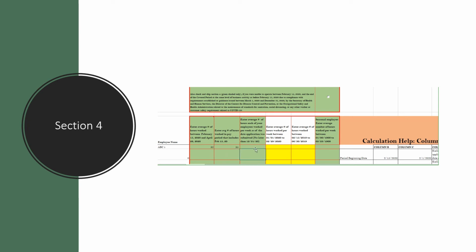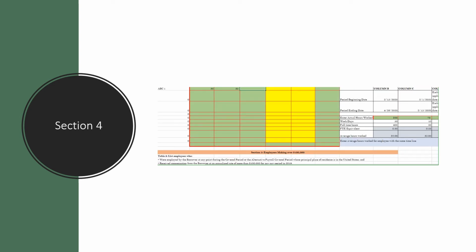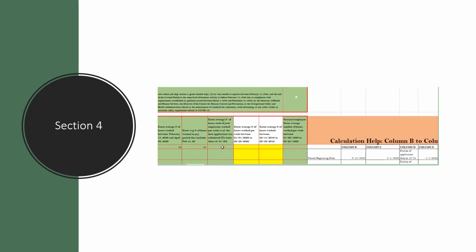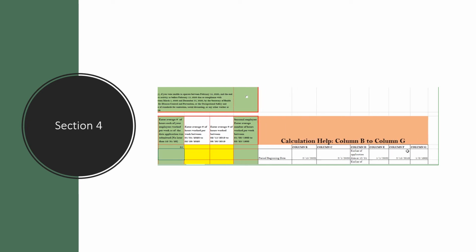And then average hours worked as of the application date. So if I put, let's say they worked 70 hours there, and then I put 35 here. Then enter average hours worked between 1/1 and 2/29.